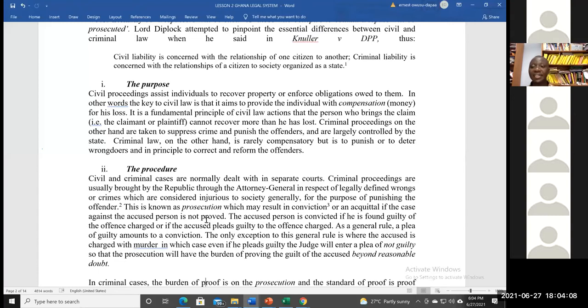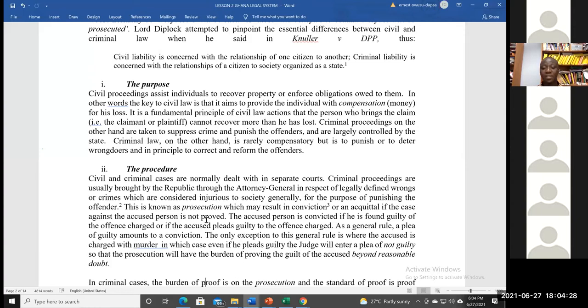On the other hand, you may be acquitted, meaning that the prosecution failed to prove your guilt beyond reasonable doubt, and you are consequently declared innocent.